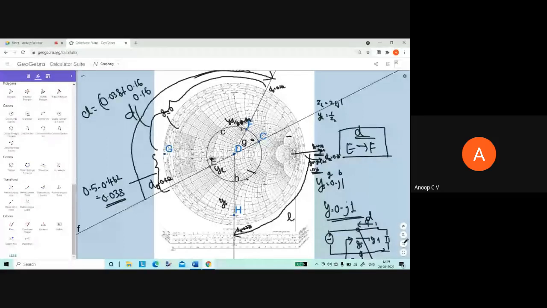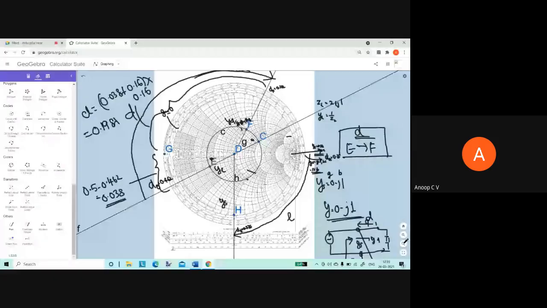What is 0.038 plus 0.16? It is 0.198 lambda. So D is 0.198 lambda.